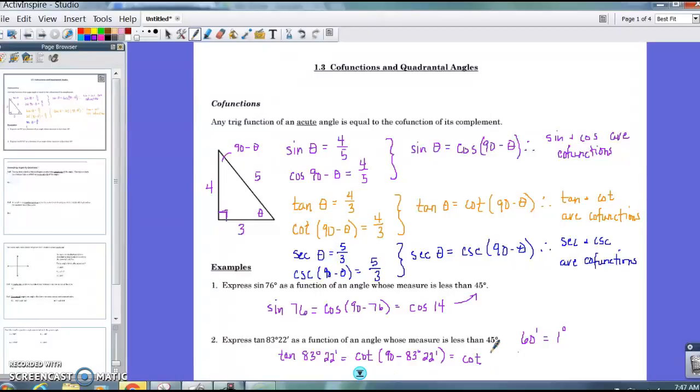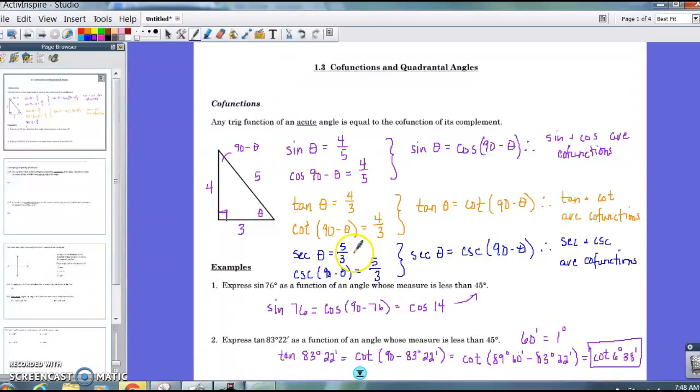Because 60 minutes is equal to 1 degree, I can rewrite 90 degrees as 89 degrees, 60 minutes. So 89 degrees, 60 minutes minus 83 degrees, 22 minutes. That makes the subtraction a little bit easier. That would give me the cotangent of 89 minus 83, which is 6 degrees, and then 60 minutes minus 22 minutes, which is 38 minutes.